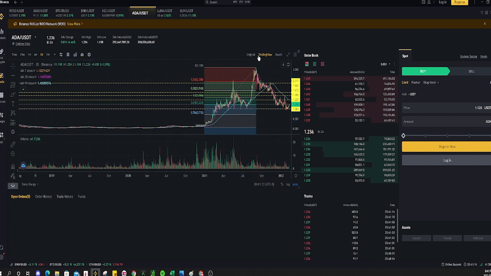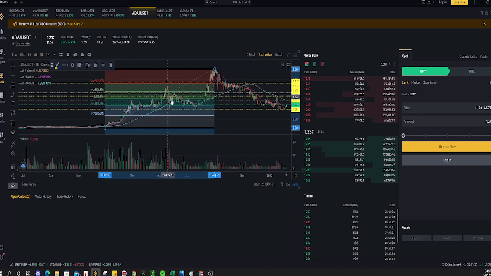As you can see, by drawing Fibonacci, we can see which areas actually match with the areas of Fibonacci. Most likely the 78 is one of them, and also 61 is one of them, which is exactly where it is right now, and above it.